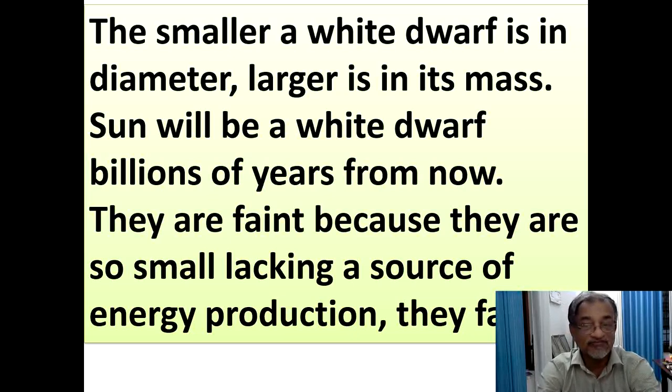But one more thing, when it contracts, its radius decreases again and again, but its mass increases again and again. So radius is inversely proportional to mass. Our sun will also become a white dwarf, but it is after billions of years from now. The white dwarfs are faint because they are so small, lacking a source of energy production.